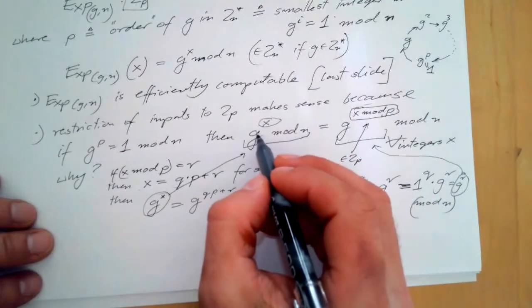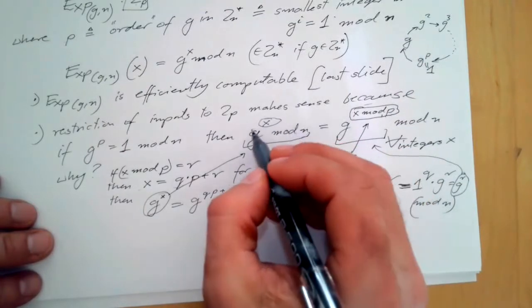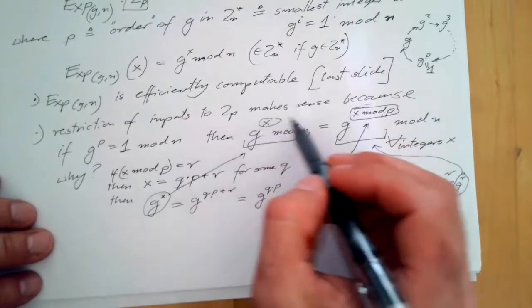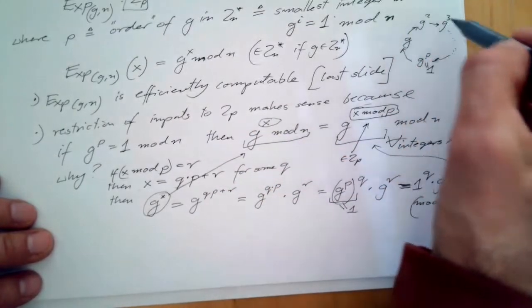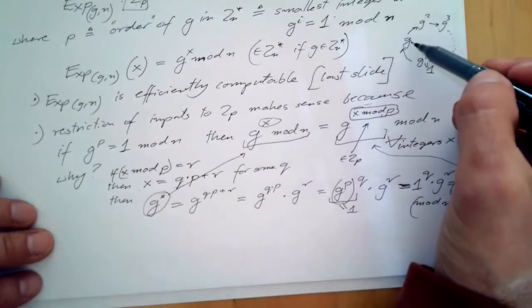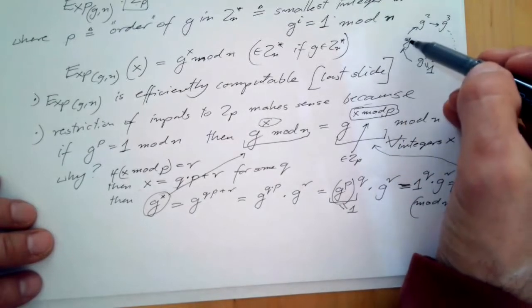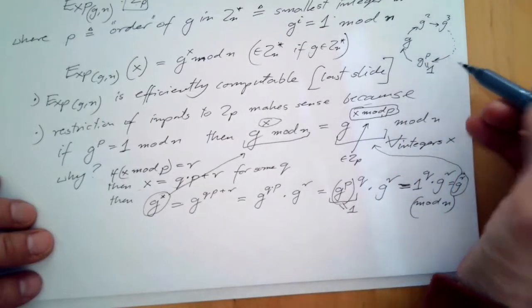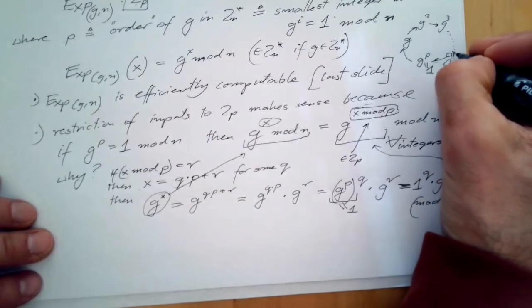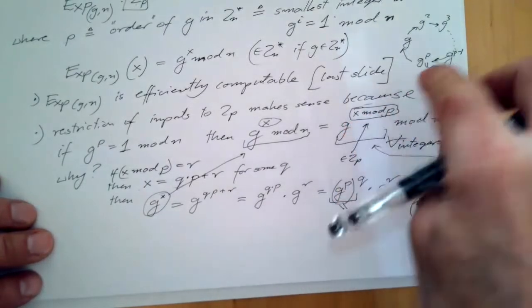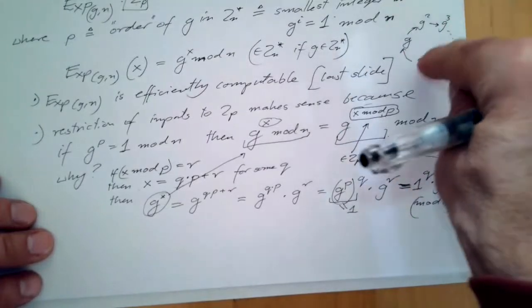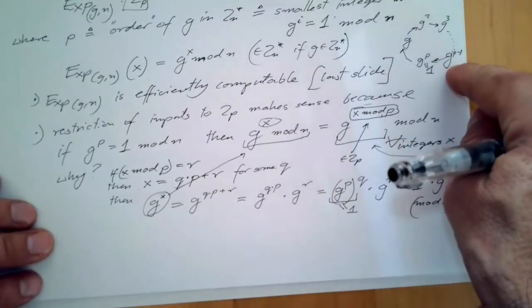That's why if you take g to however big an integer, it's not really important how big. What's important is where this integer falls in the cycle, where this is 0, this is 1, this is 2, 3, okay? And the one before that is g to the p minus 1. So if you do a modular reduction, you're somewhere from 0 to p minus 1.